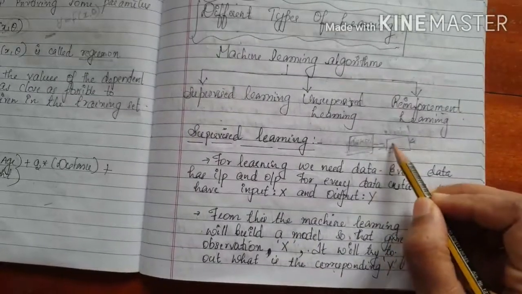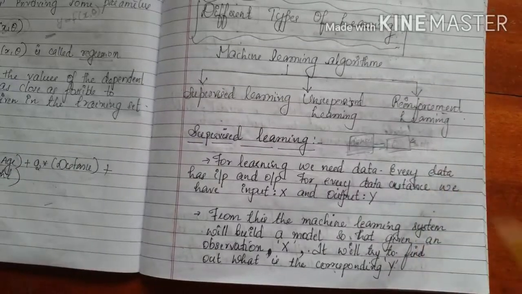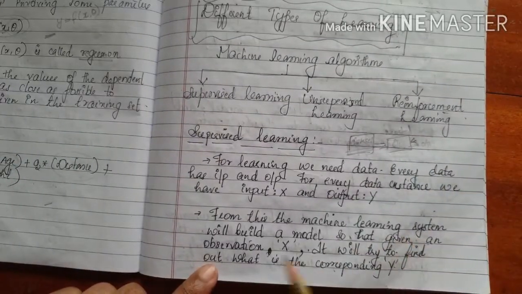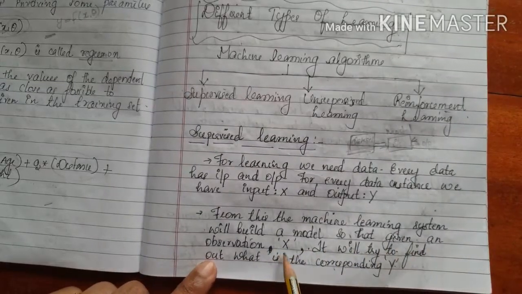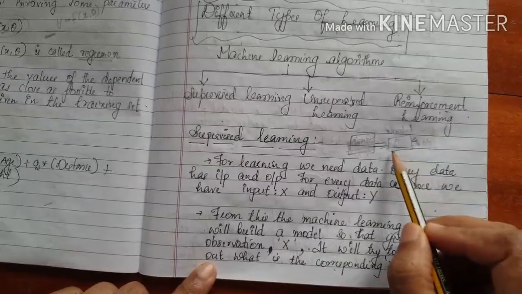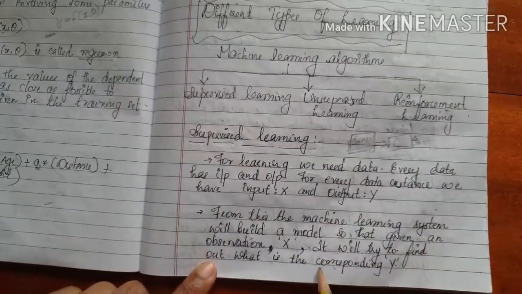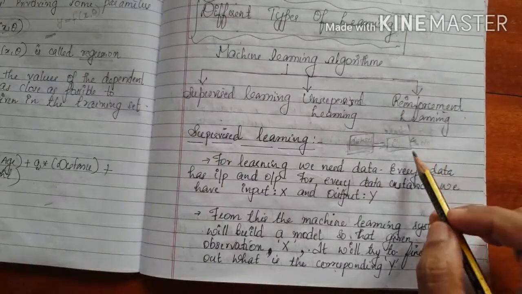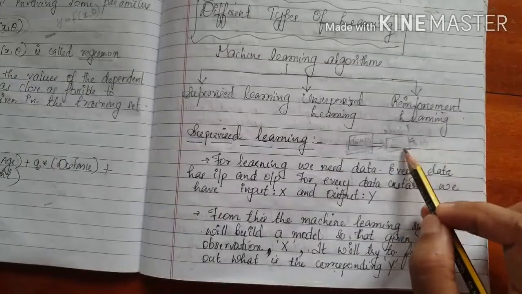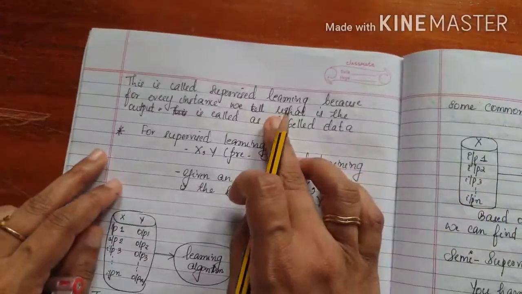If we give any new input, we get a new output. From this machine learning system, we build a model so that, given a new observation X, it will try to find its corresponding Y. When we give a new instance to our model, it will predict an output, that is our Y. This is called supervised learning.